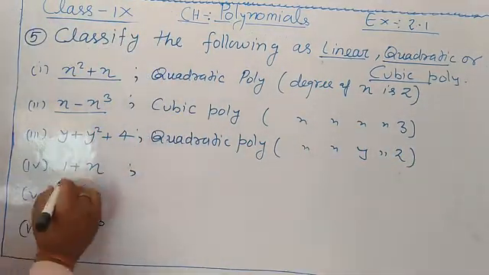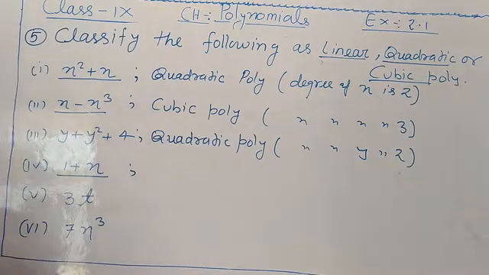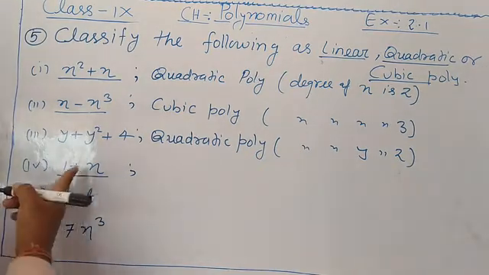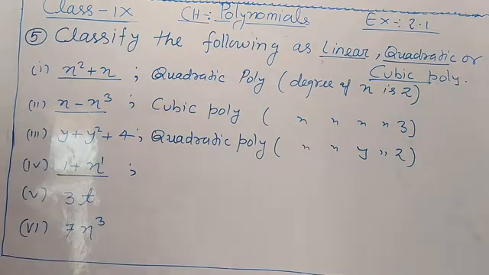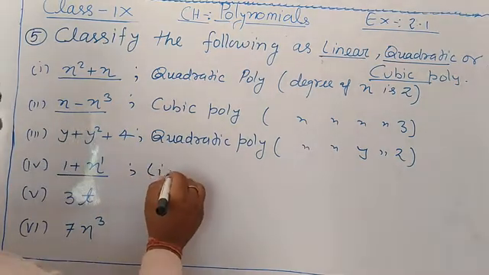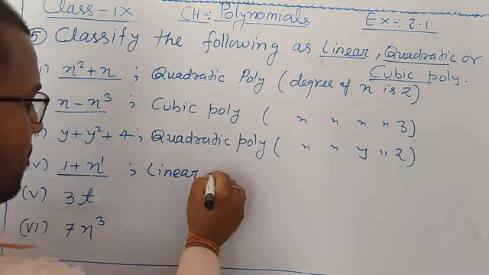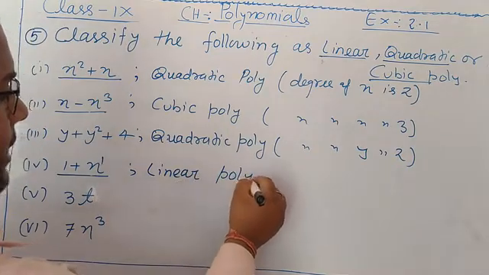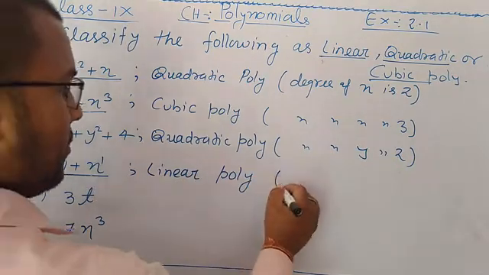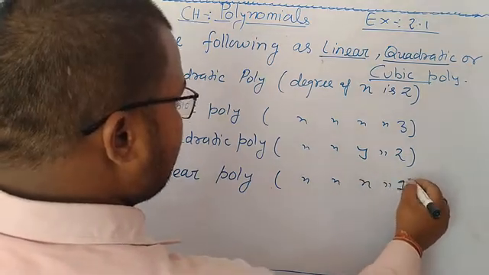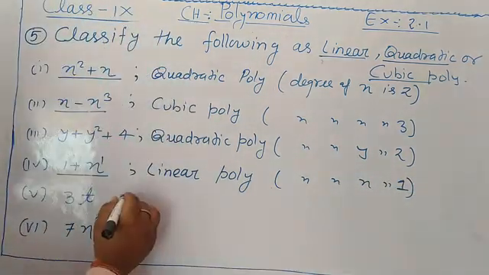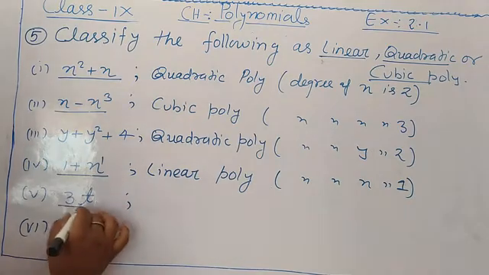Next question, student. This is 1 plus x. x is the variable and the maximum power of the variable is 1. This is a linear polynomial. Degree of x is 1. Next question, student, 3t.